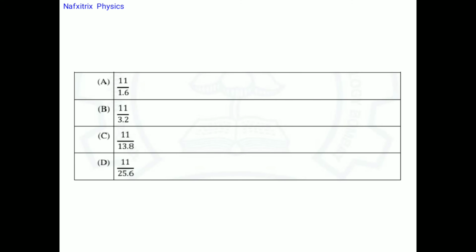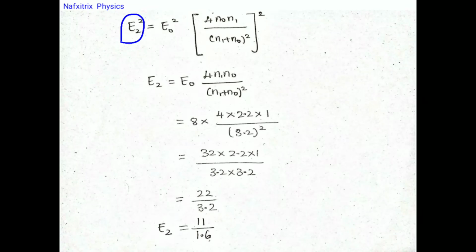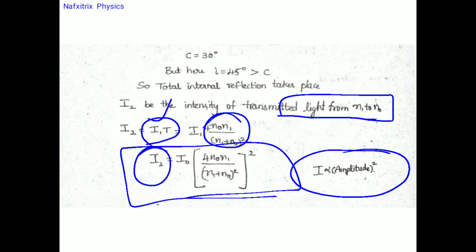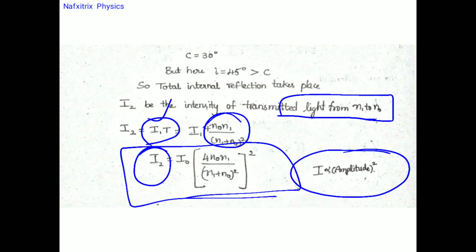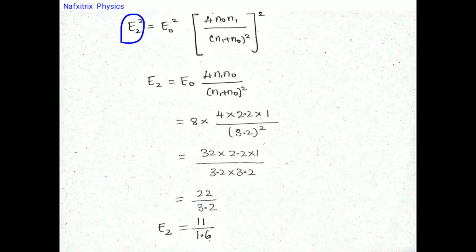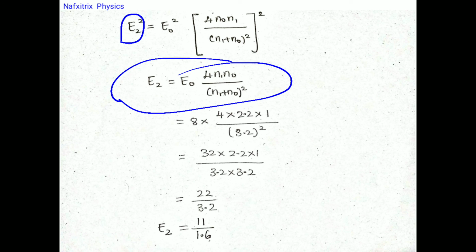So for this reason we are replacing this intensity with E2 square, which is nothing but amplitude square, and I0 is replaced with E0 squared. And now if we take the square root on both sides, since both are squares, the squares get cancelled, and finally we would have this. The only thing we need to do is substitute the values. These values were given in the question.